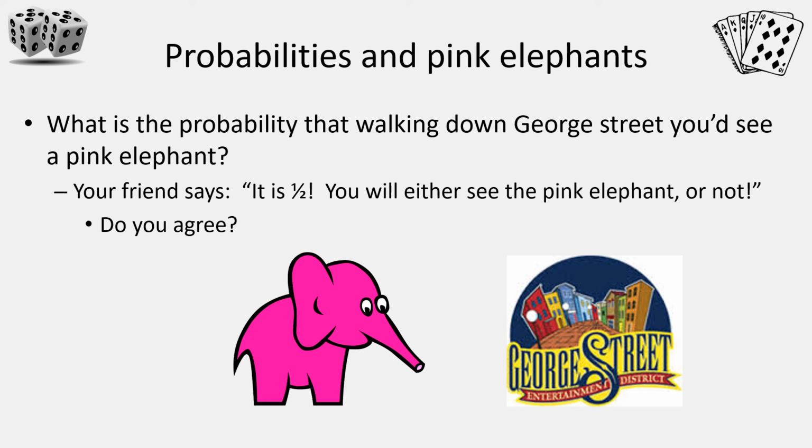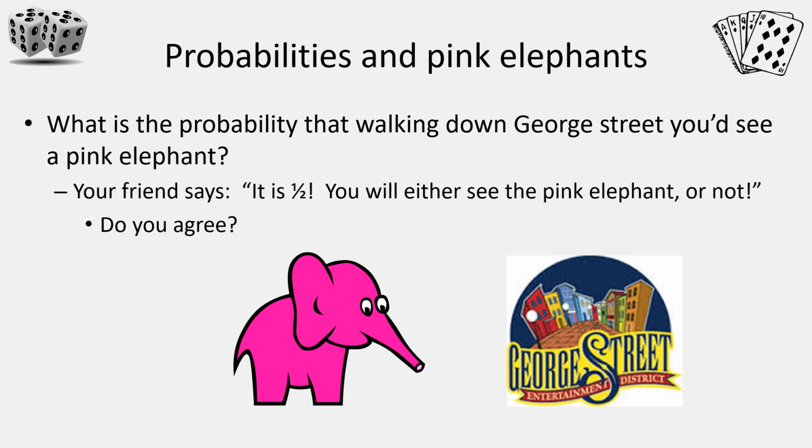Okay, so far the probabilities of every outcome in the sample space were the same. But think about that. If you define probability with all the outcomes being equally likely, then, for example, say you're walking down George Street, and what's the probability that you see a pink elephant?